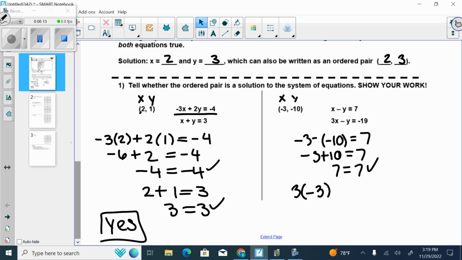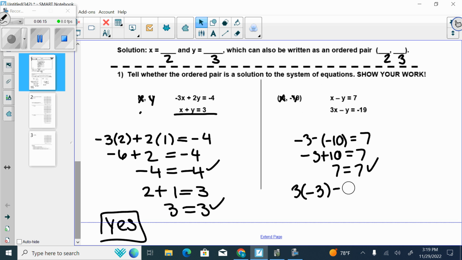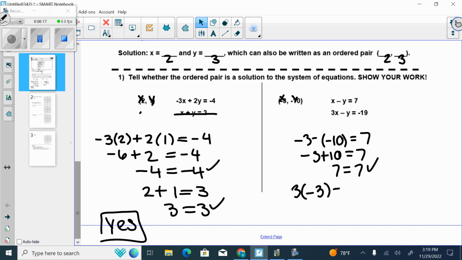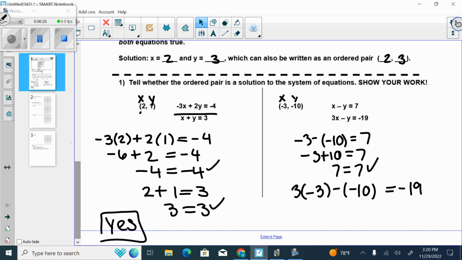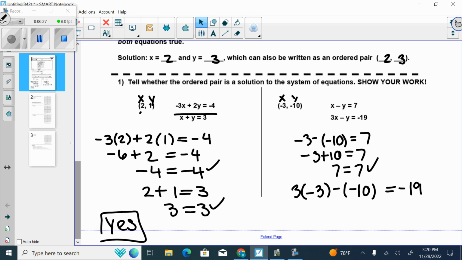Negative 3, good. Minus y, and what do we replace the y with? Good. Is equal to negative 19, right? Okay, so now we need to simplify. What is 3 times negative 3? Good.